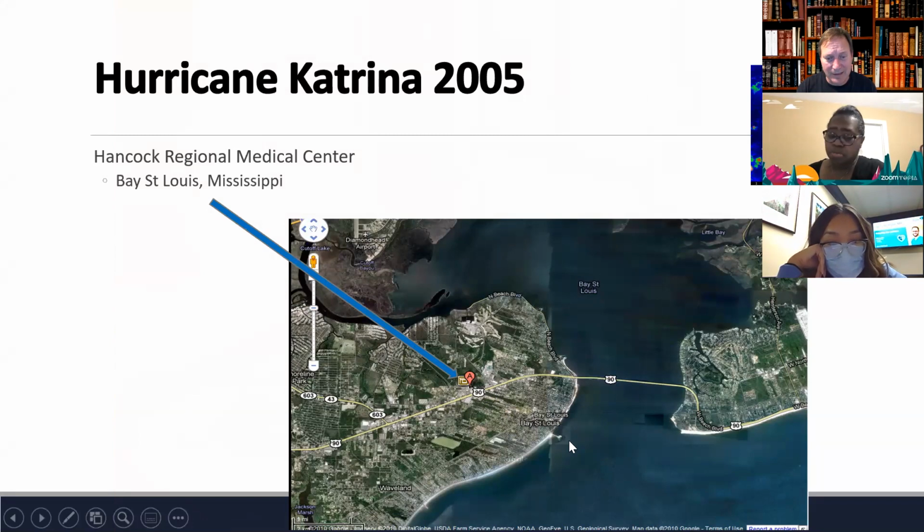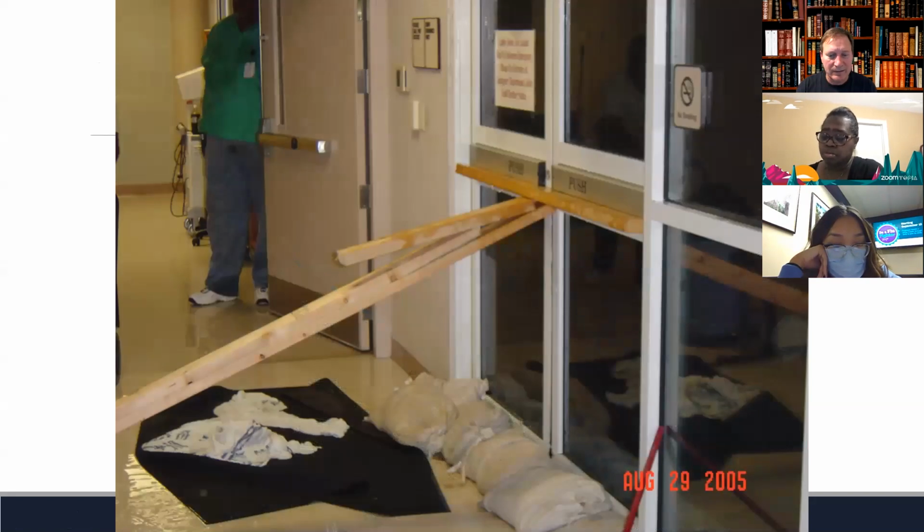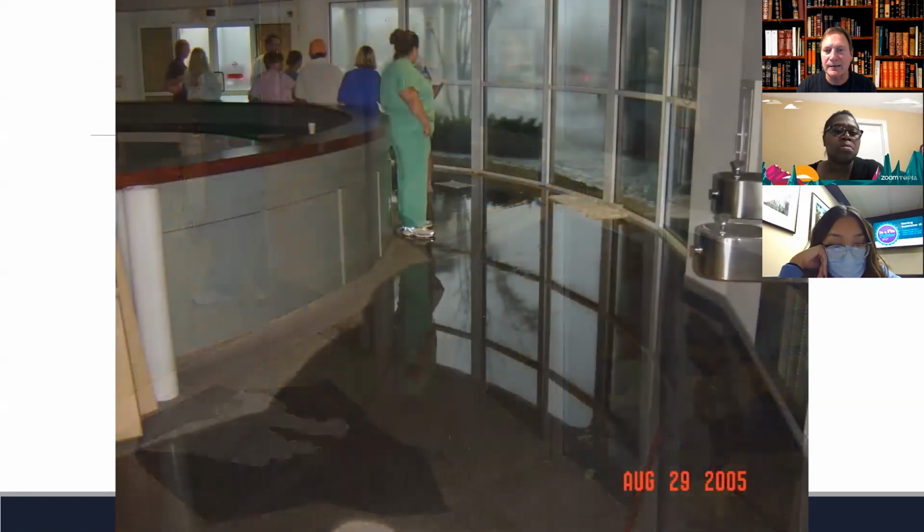If you don't know anything about Camille, it occurred in 1968, just a catastrophic storm. Before Hurricane Katrina, Camille was really the storm that a lot of people compared to as the storm of all storms. And so this is what it looked like as the storm approached.